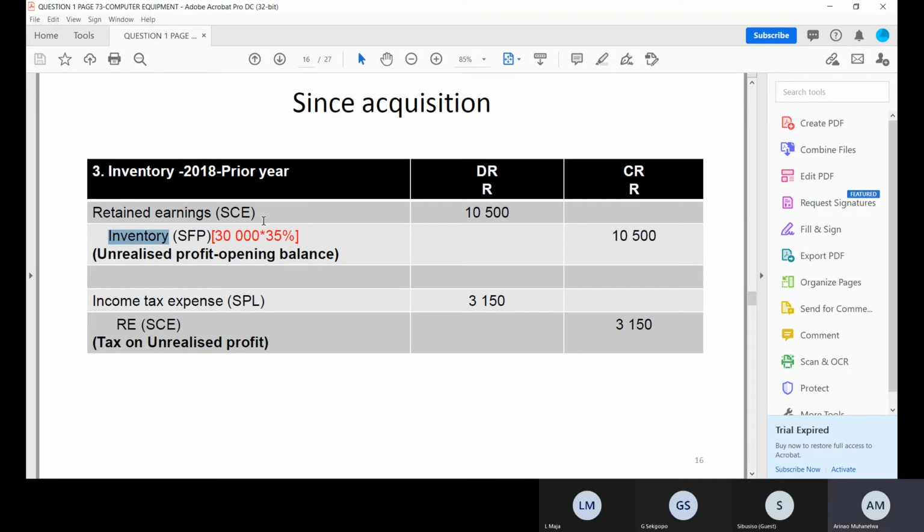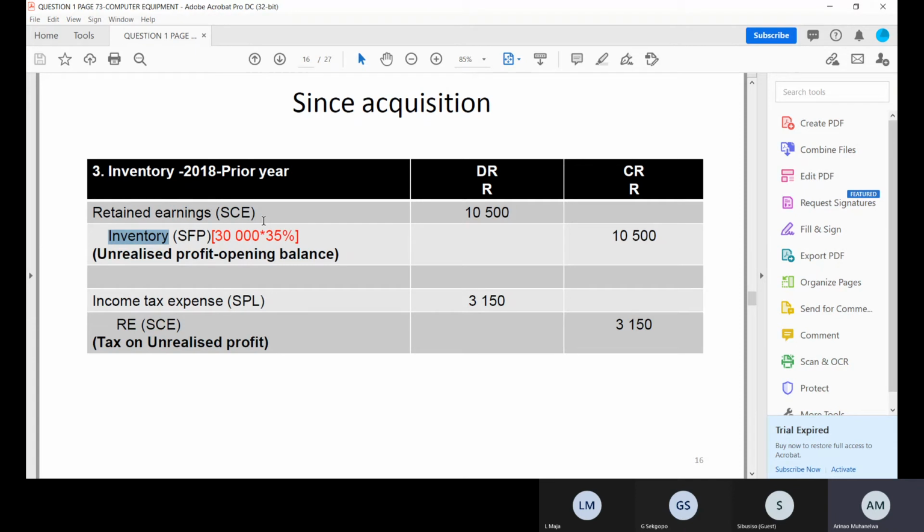So in order to do that, we're going to reduce our earnings here, and then we're going to reduce. Now we consider the part of it because this 30,000 was the closing amount. So it's called unrealized profit on profit and loss.